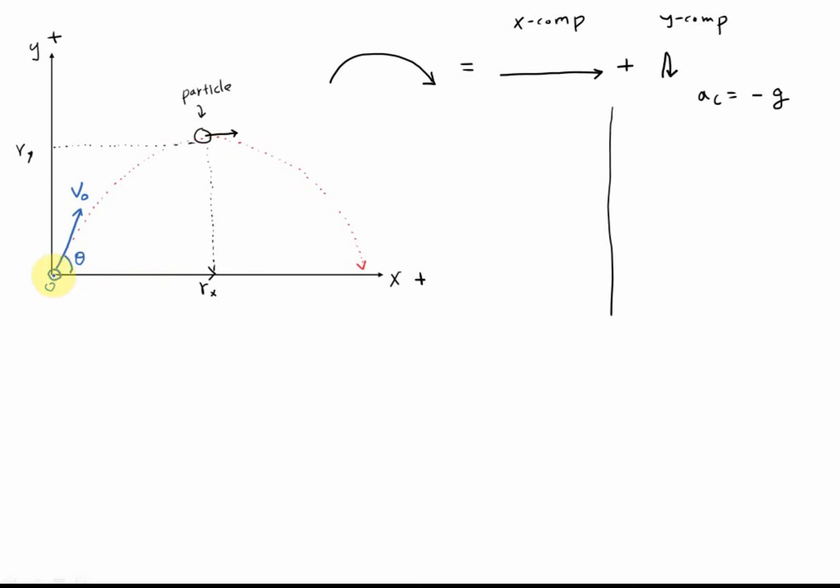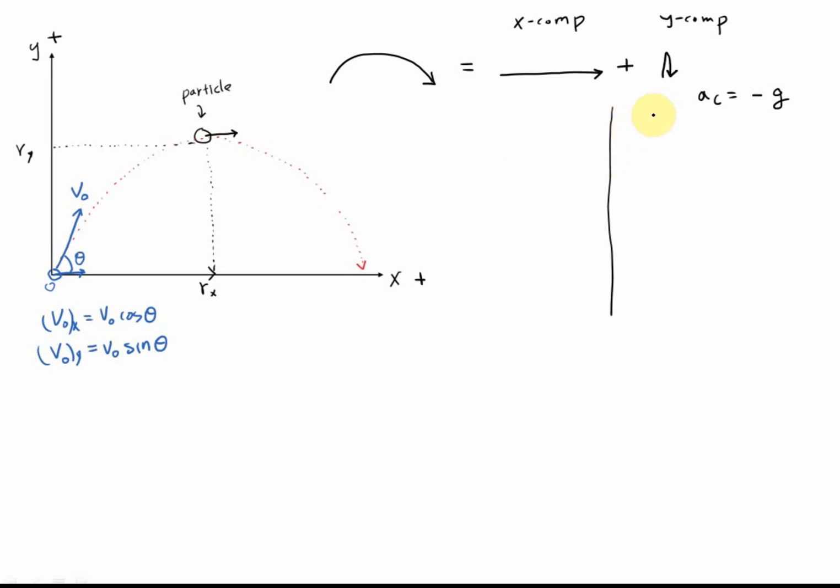Then your x directional initial velocity will be v0 cosine theta, and your initial velocity along y will be v0 sine theta.